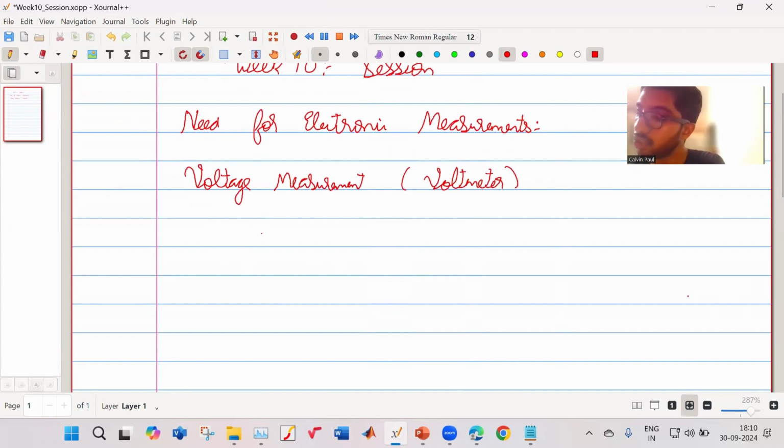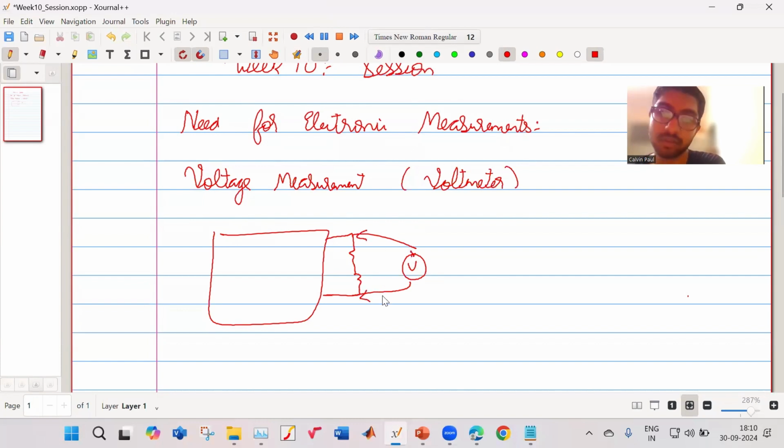So we have some circuit and we have some sort of resistance, inductance, something we have. We want to measure a voltage across it. So we will connect a voltmeter.